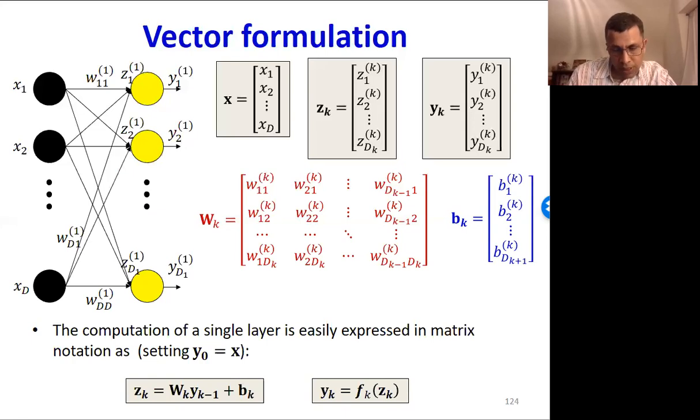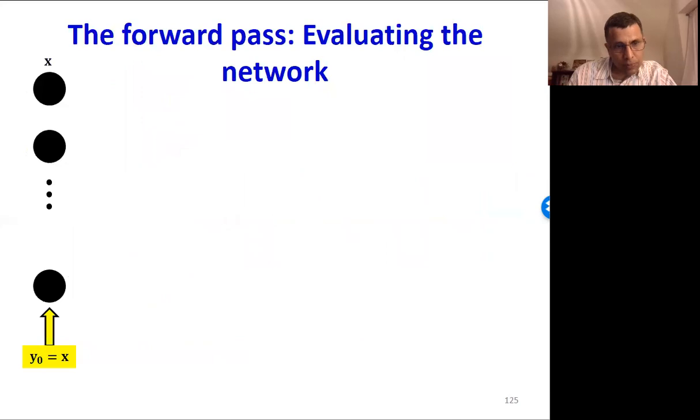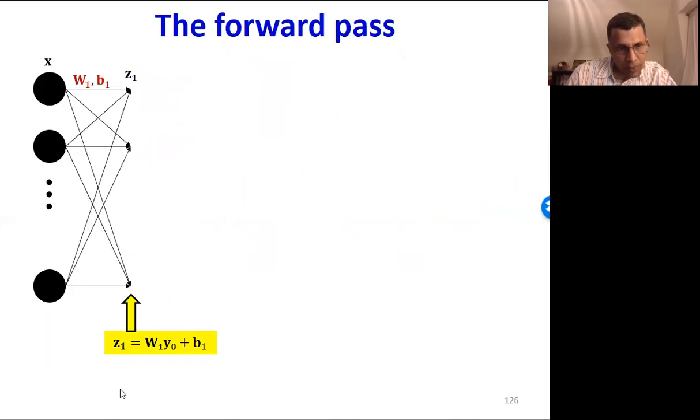Let's consider the forward operation. We begin by setting y0 as the input. Then first, we compute the affine value for the first layer, which is z1 equals the weights matrix for the first layer times y0 plus the bias vector for the first layer.